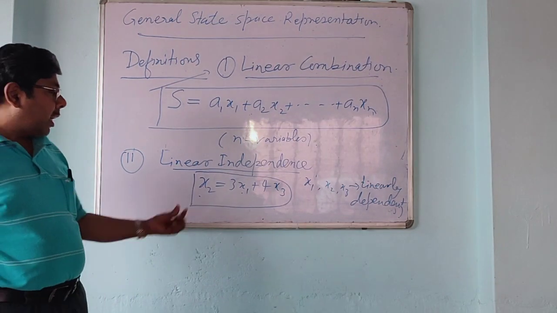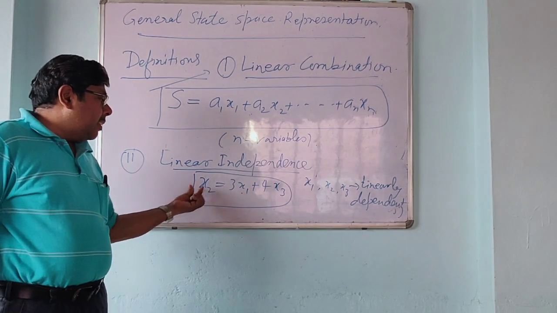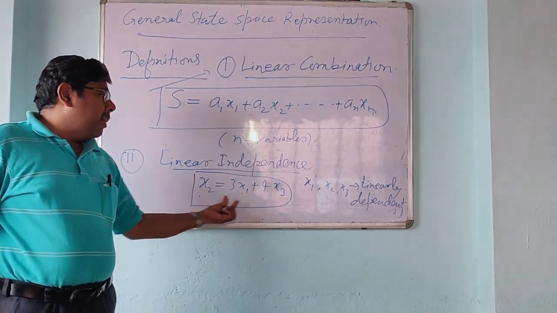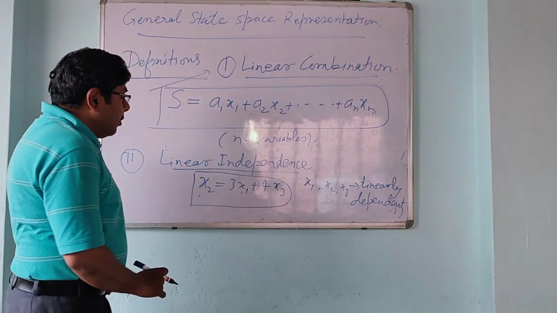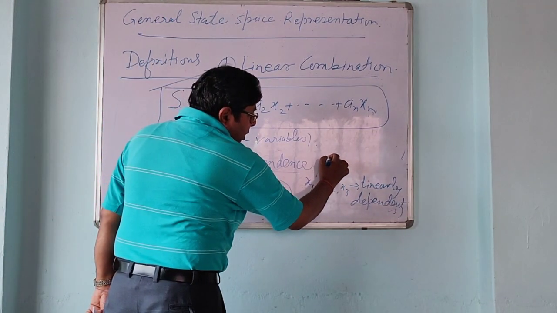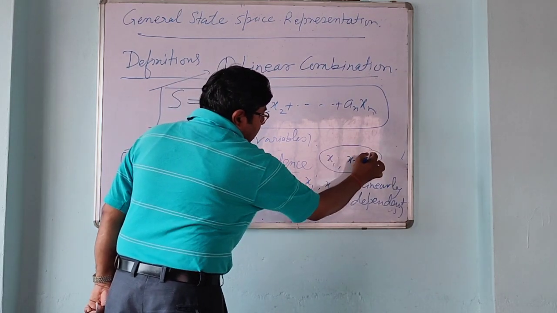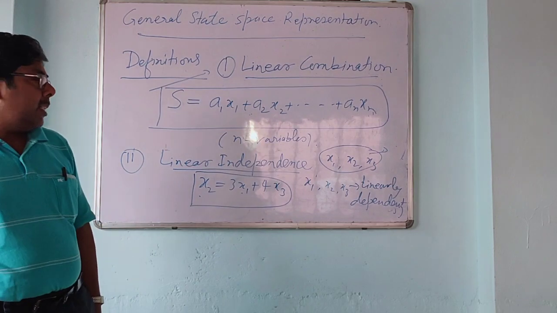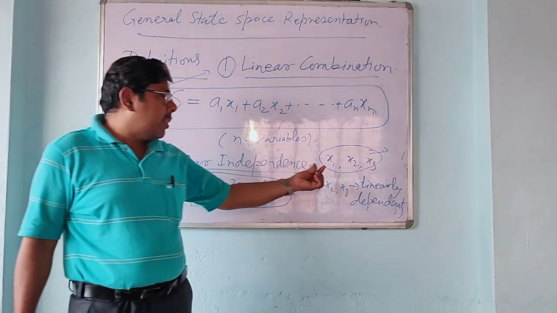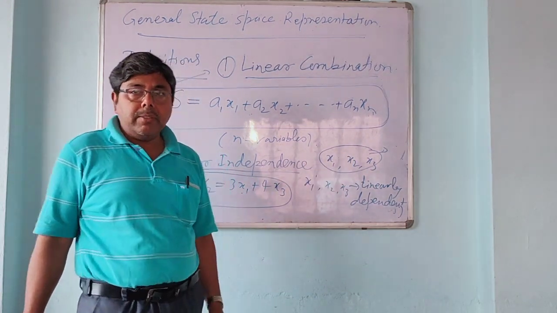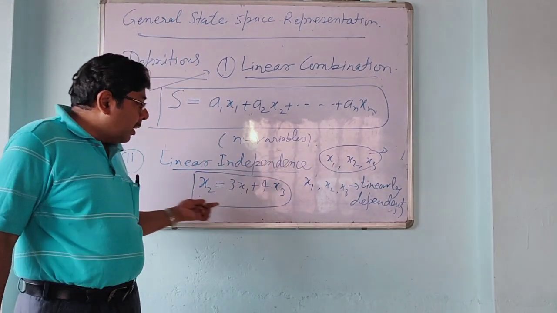If we can express any quantity in terms of other two quantities, then this set of three variables are said to be linearly dependent. And if we cannot write any expression in between x1, x2 and x3, then this is linearly independent. Means linearly independent quantities are those in which we cannot express any one in terms of other quantities. So this is the linear independence. Obviously this expression is linearly dependent.